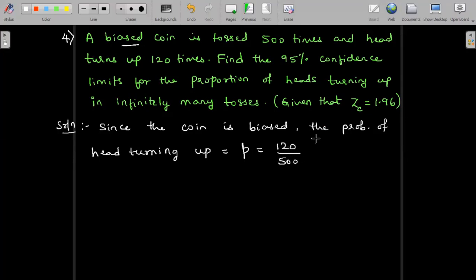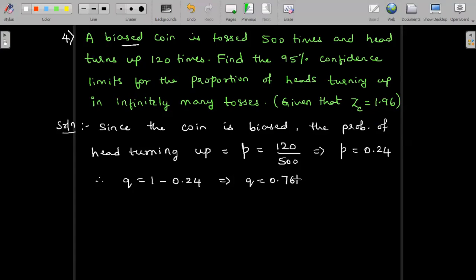So this gives us P equal to 0.24, and therefore we can easily find Q, which is 1 minus 0.24, and that gives us Q is equal to 0.76. Now we know P and Q.